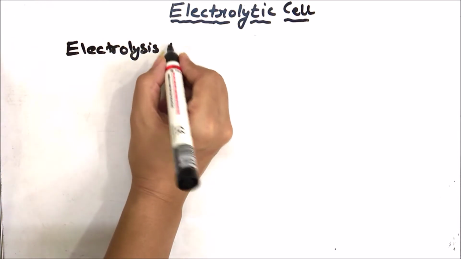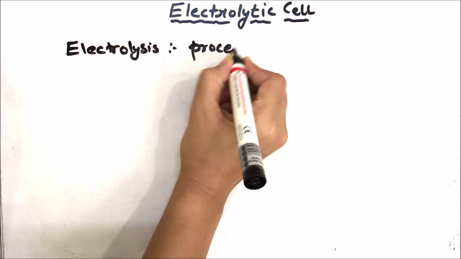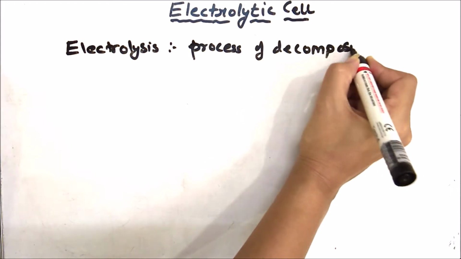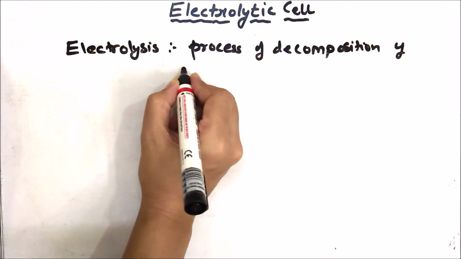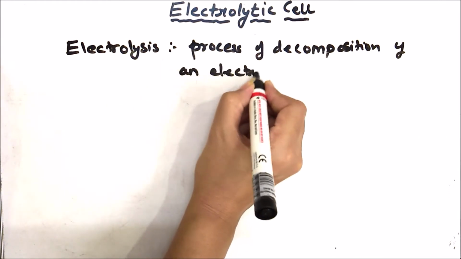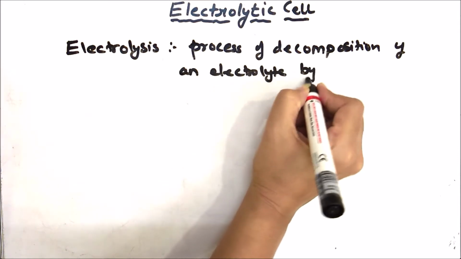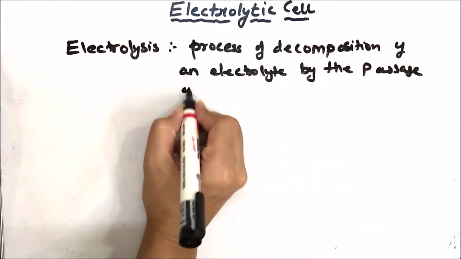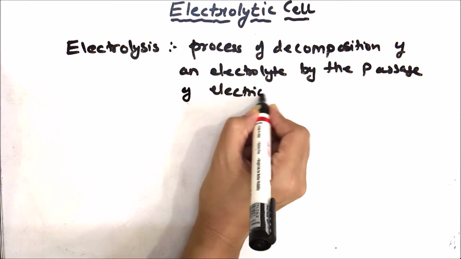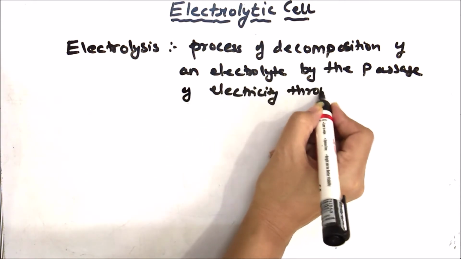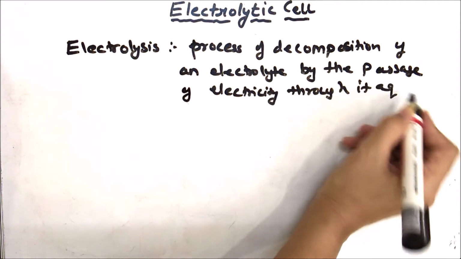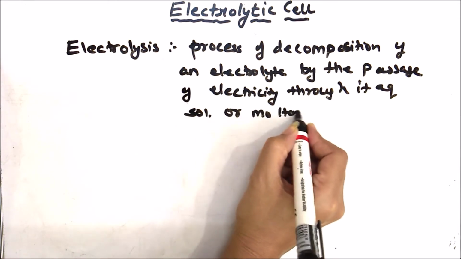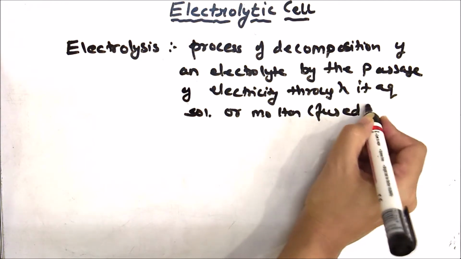Electrolysis is the process of decomposition of an electrolyte by the passage of electricity through its aqueous solution, or in its molten or fused state. So what does it mean, student?